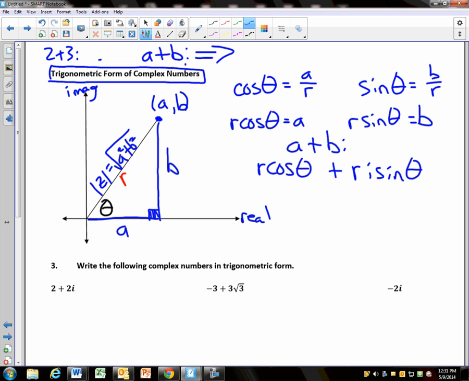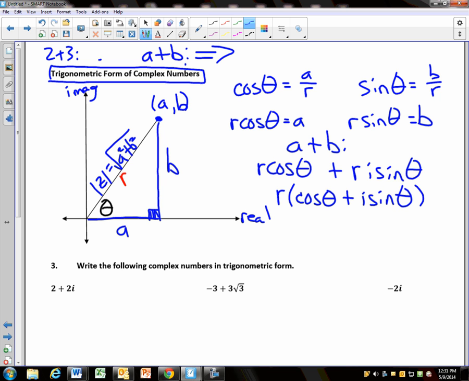What do they both share in common? They both have an r. I'm going to factor that out: r times the cosine of theta plus i times the sine of theta. And that is what we refer to as trigonometric form of a complex number.